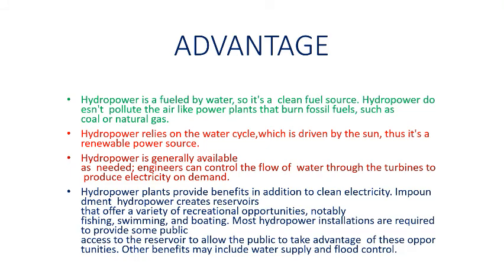Other benefits may include water supply and flood control. Means the dams that we are producing also help humans for swimming, fishing, or boating, etcetera, as well as water supply, and sometimes help to control floods. So these are the main benefits of this hydropower.